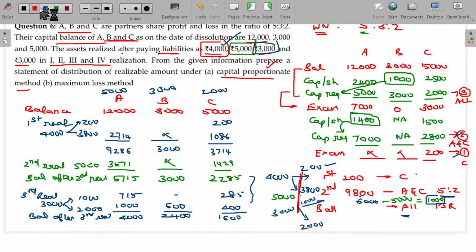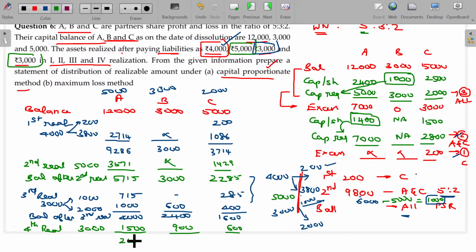Now, fourth realization. Being 3,000, it will be shared among the three partners A, B and C in their P&L ratio 5:3:2: 1,500, 900, 600.